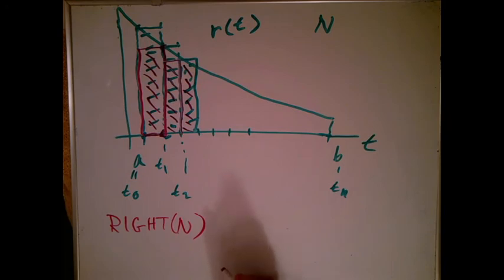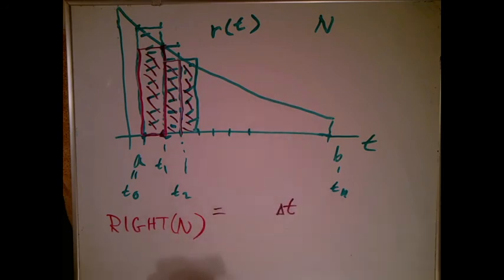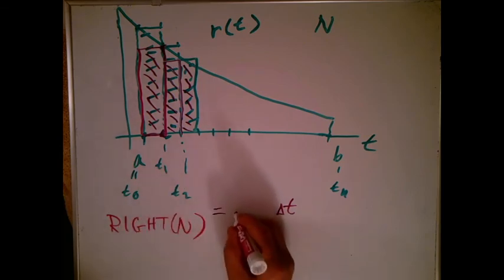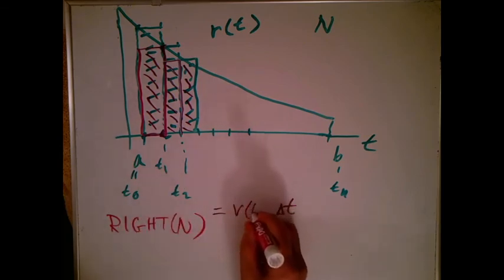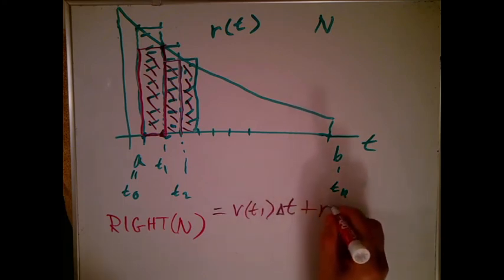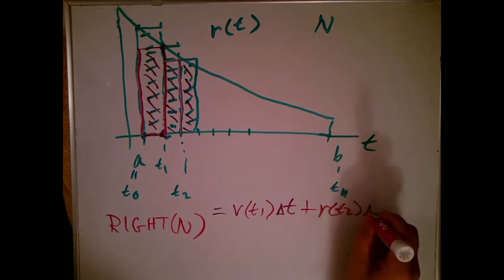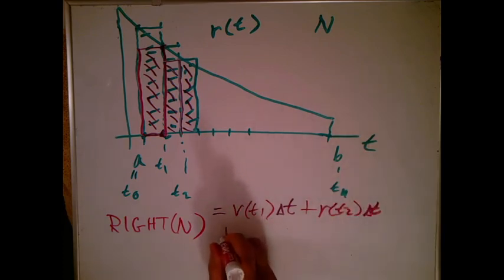And this also has notation. Here we go. I want the area of that first rectangle. Well, the width of the first rectangle is delta t. That hasn't changed. What has changed is which point I plugged in. I'm not plugging in t0 to get that height anymore. I'm plugging in t1. So I'm going to get r of t1. The next one is going to be r of t2, and so on, and so on.